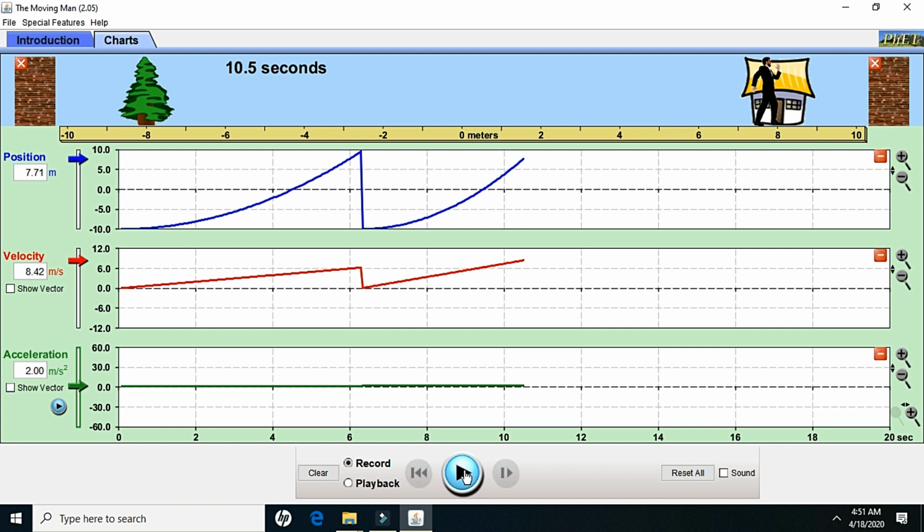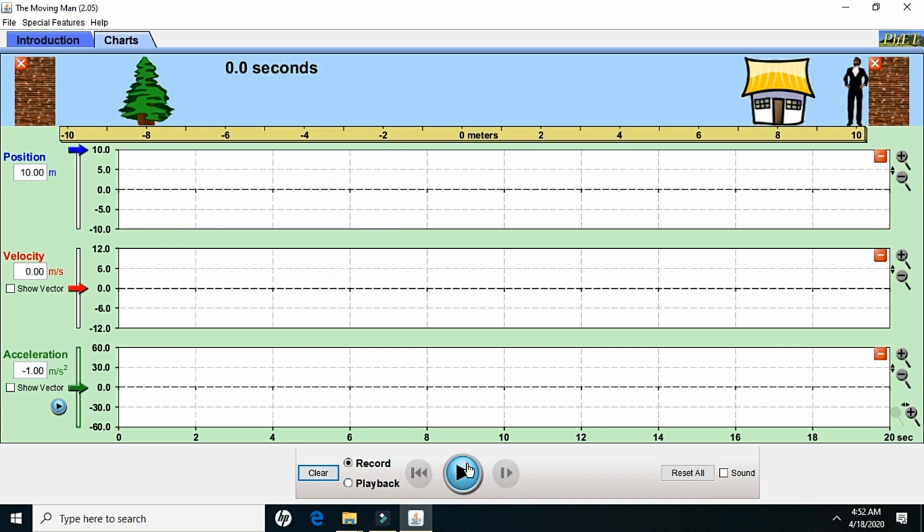So this is how we can say that velocity changes when there is acceleration. If we put negative acceleration, minus 1, let us see what happens. He will be coming back. Minus means retardation. He is moving in the negative direction, and hence this is the case of retardation.